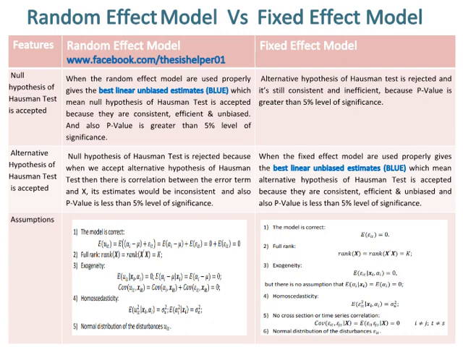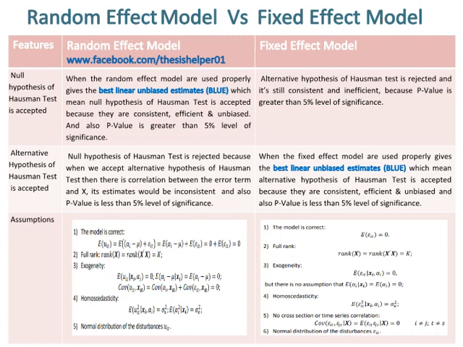Alternative hypothesis of Hausman test is accepted, which means that null hypothesis of Hausman test is rejected, because when we accept alternative hypothesis of Hausman test, then there is correlation between the error term and x. Its estimates would be inconsistent, and also p-value is less than 5% level of significance.